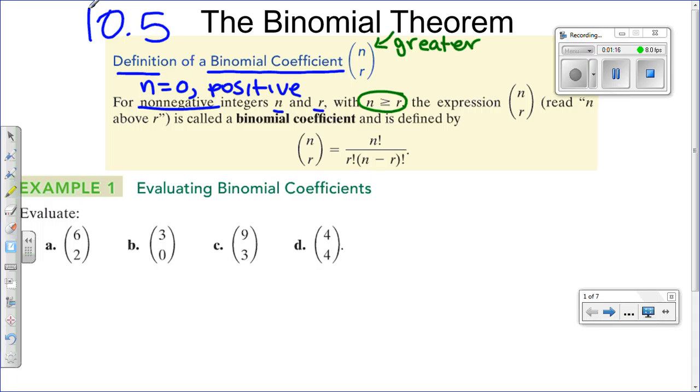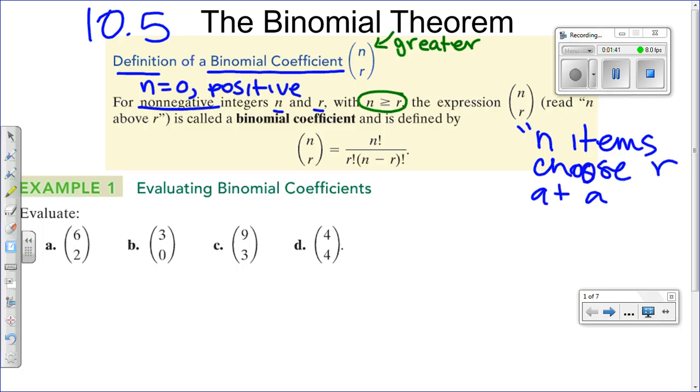The expression n and r is read n above r, you may also say n items choose r at a time.